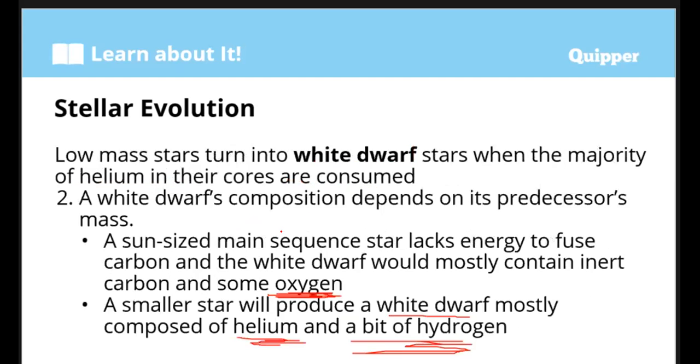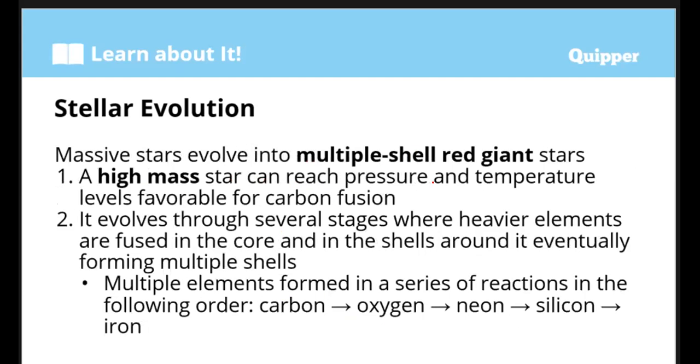And when this oxygen is combined with more carbon and helium, it will create neon. And when neon is combined with oxygen and more carbon and helium, it will turn into more neon. And this neon will turn into silicon and into iron. And this is how the heavier elements are found in the universe.